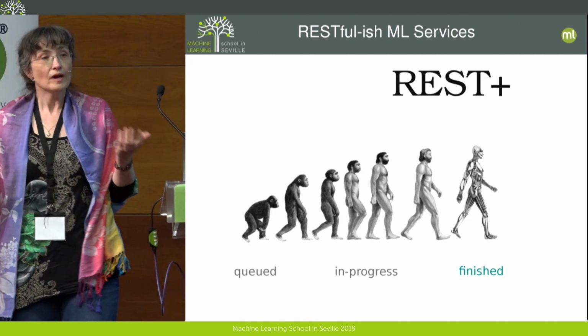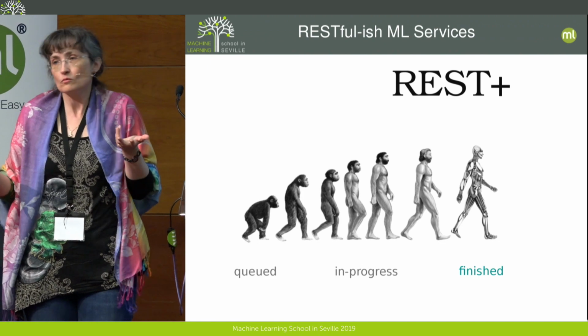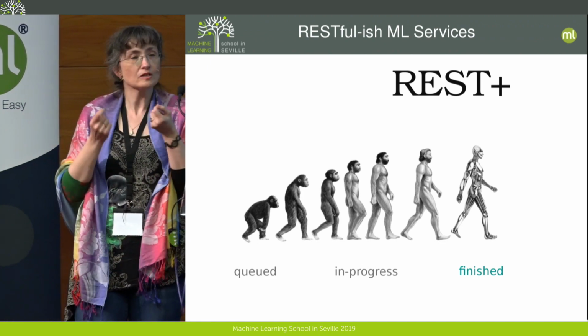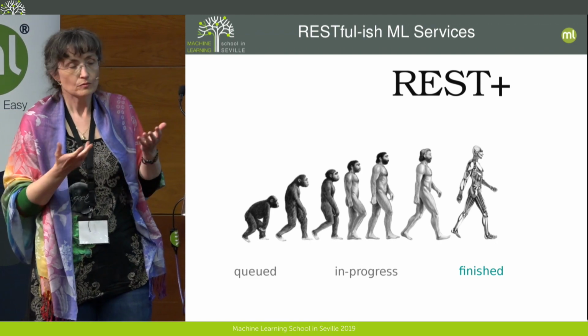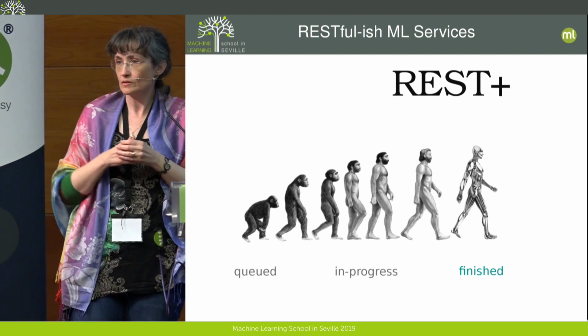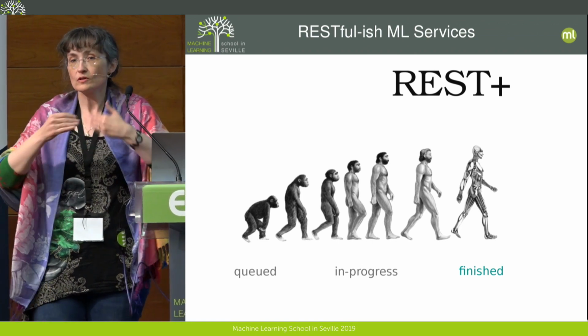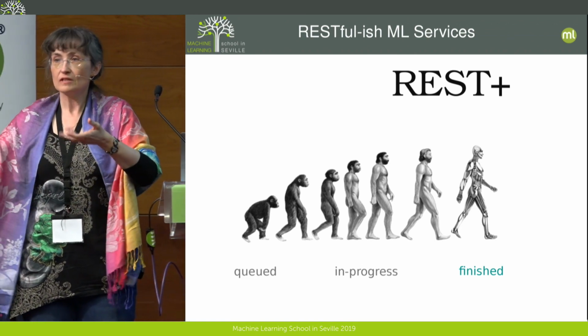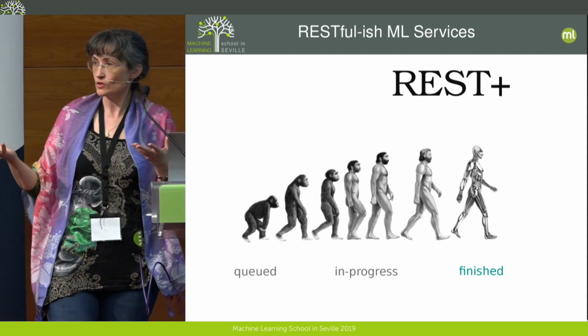So would you wait sitting there till you get all the resource needs created? No, it's better if you get back a response saying, well, I heard you. Maybe your demand was queued or will be started. And after that, it goes in progress. It creates the object that you demanded. And finally, it finishes and gets back the real information that you want.